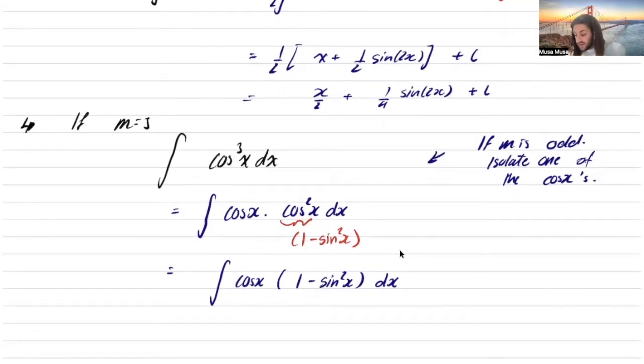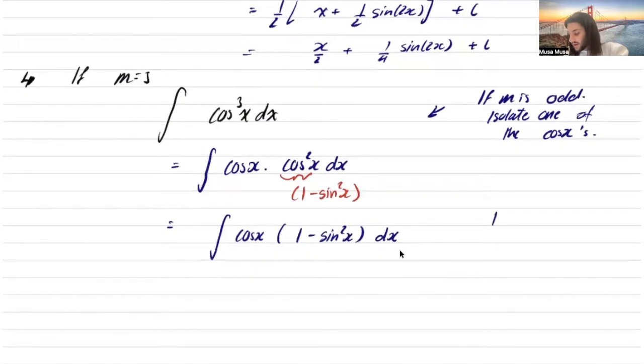If you see, this is a function in terms of sine x. And what's the derivative of sine x? The derivative of sine x is just cos x. So the derivative is present. But to show this clearly, I'm going to use u-sub. Let u equal sine x. It's up to you whether you want to bother doing this in an exam, but I think it makes this make sense.